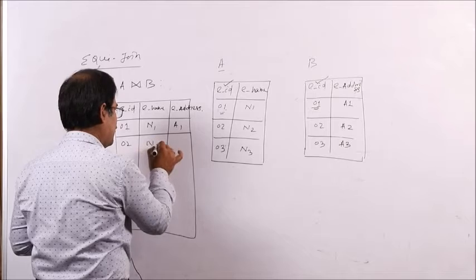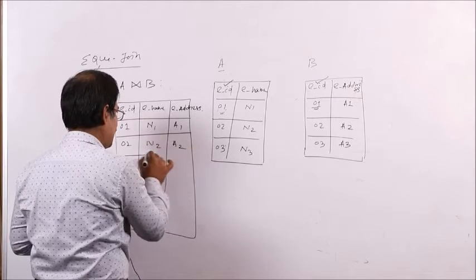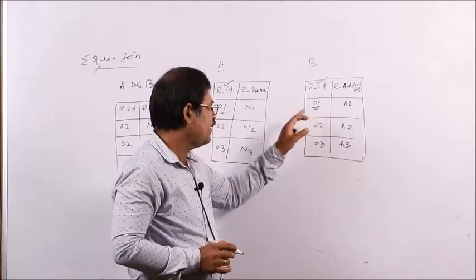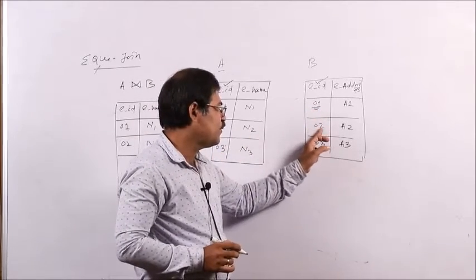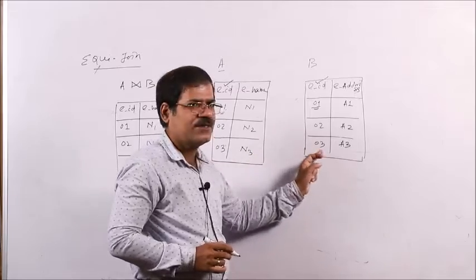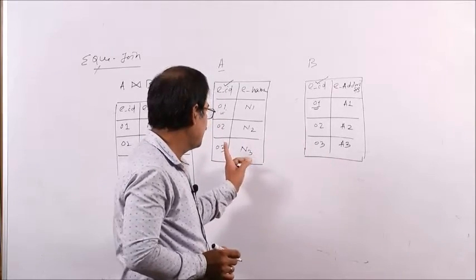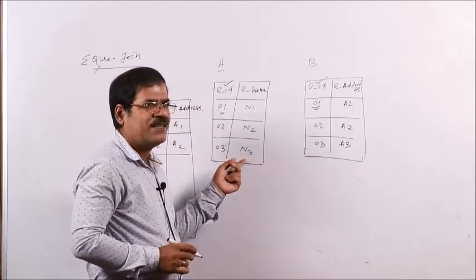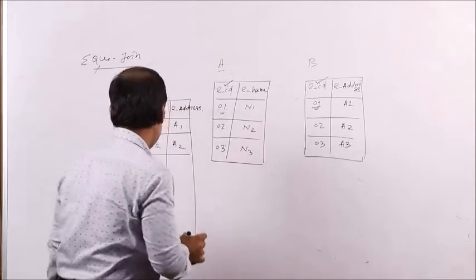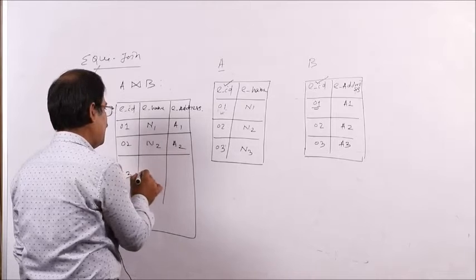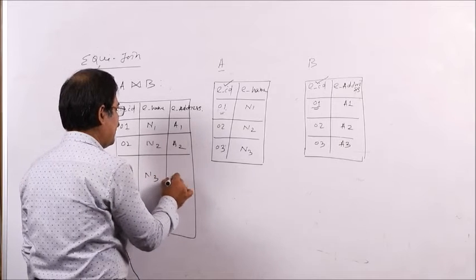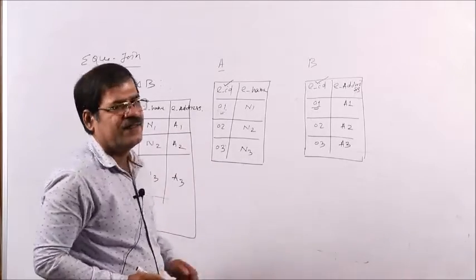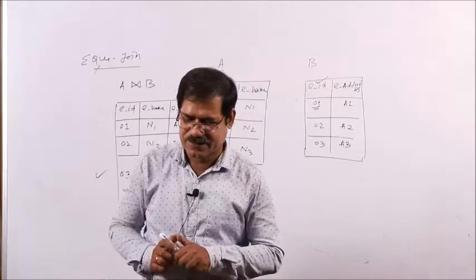So, 02, N2, A2. Then 03 is not equal to 01, 03 is not equal to 02, but 03 is equal to 03. So this is matching, its corresponding name is N3, address is A3. So, this is 03, N3, A3. This is your result after the join operation.